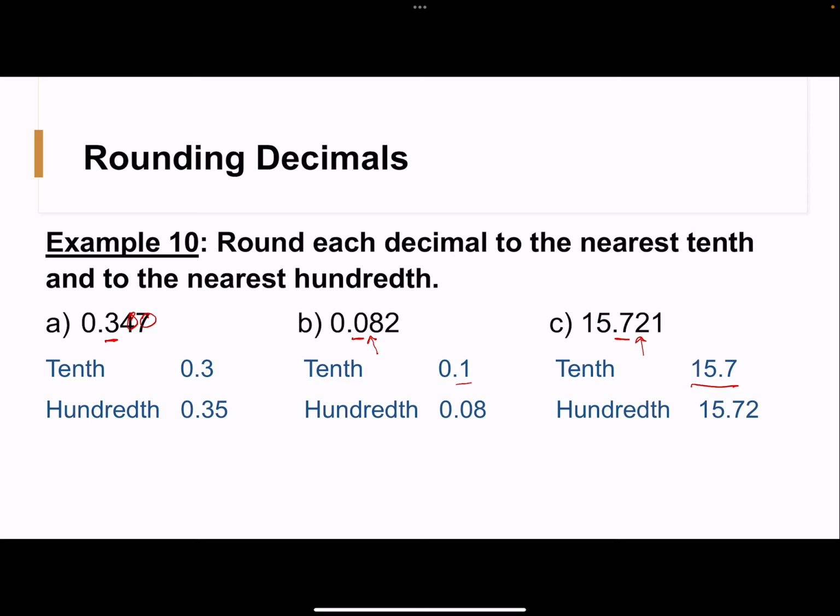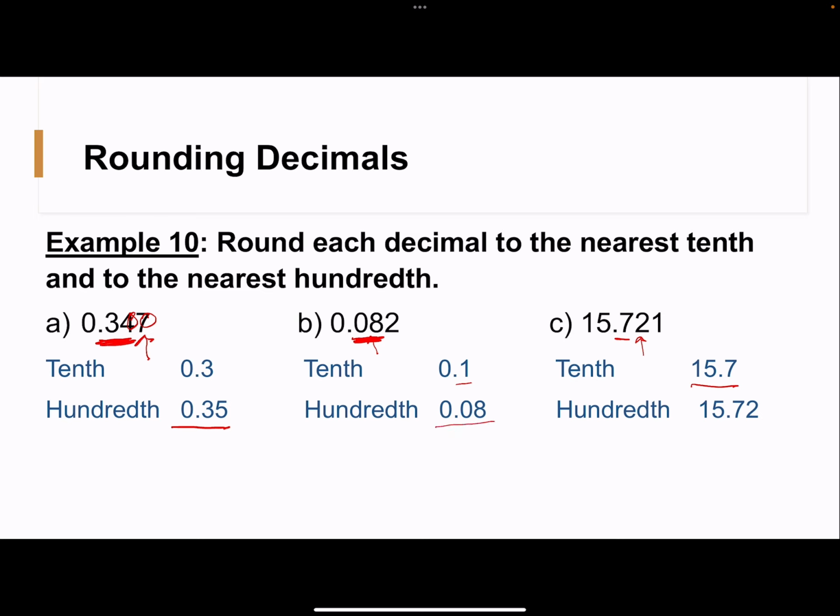If we go back and we round to the hundredths place, 0.34, so I look at the hundredths place, that is the 4. This time I have a 7 to the right. So that 7 is going to cause the 4 to be rounded to a 5, and everything to the right is going to be zeros. If I round B to the hundredth, the number to the right of the hundredth is a 2, so the 8 stays the same.